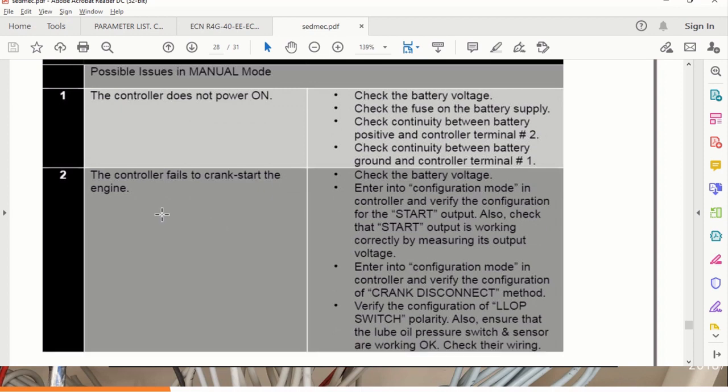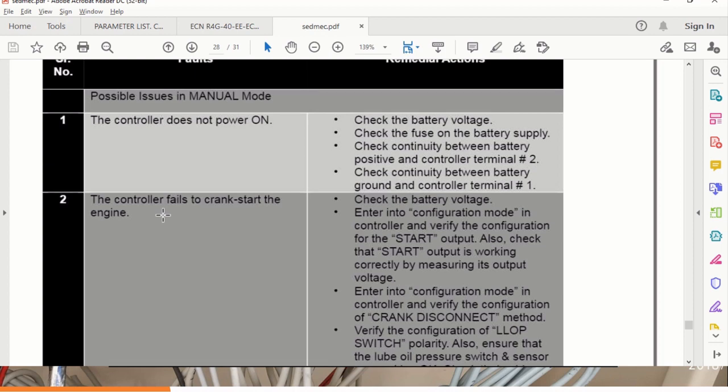Now, the controller fails to crank start the engine. We see that in different controllers, different kinds of alarms come, like crank failure, or a fault code, and then start failure. But the requirement here is when we see that the engine is not able to crank. So cranking itself is a problem.